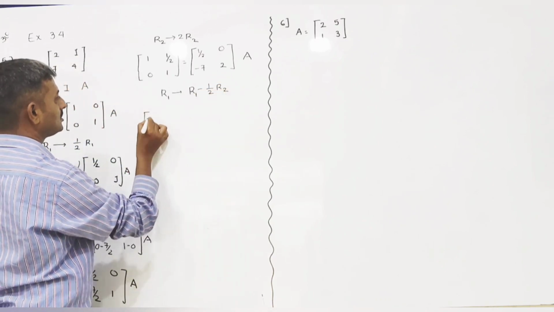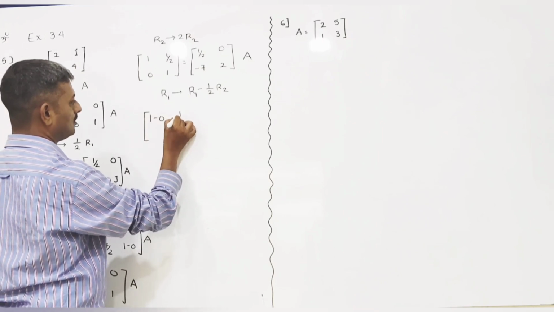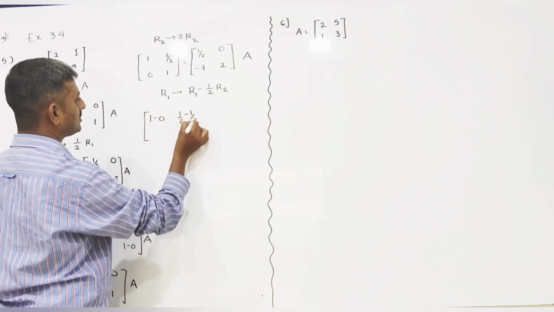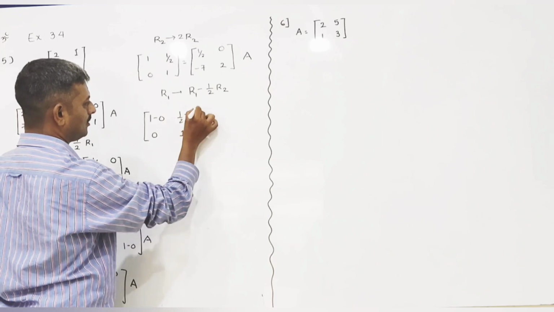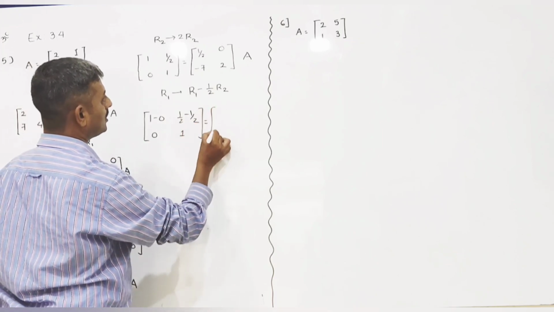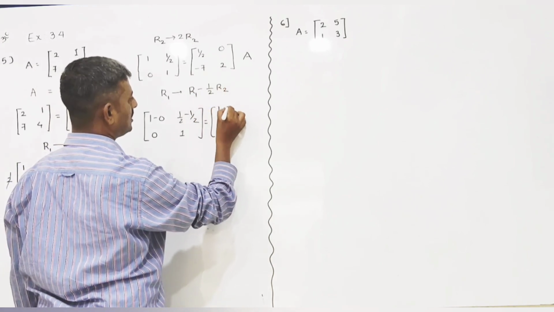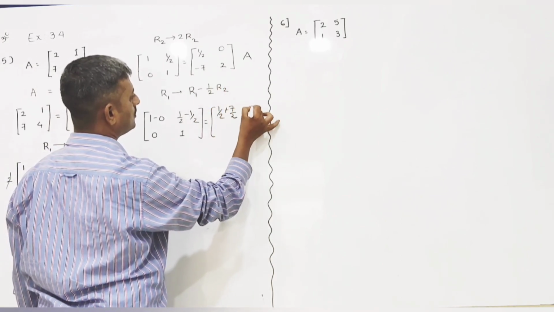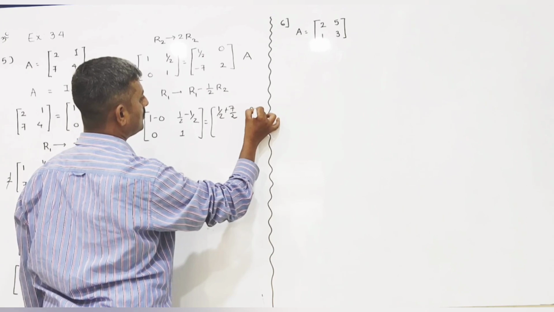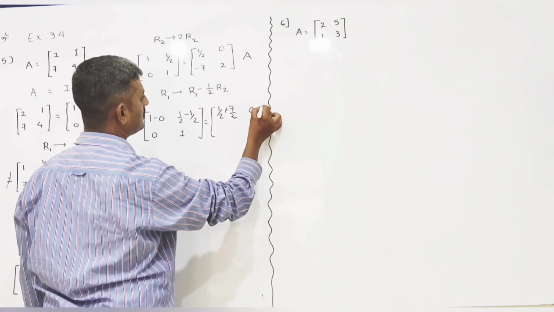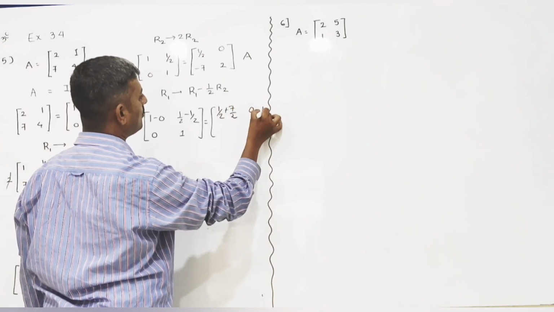So this becomes 1 minus 0, 1/2 minus 1/2, 0 and 1 is equal to 1/2 minus minus plus 7 by 2, 0 minus 1.